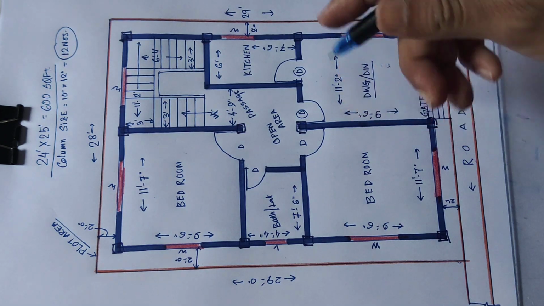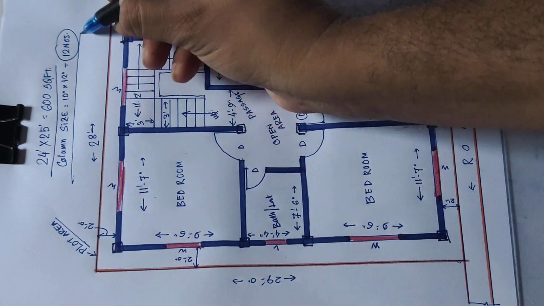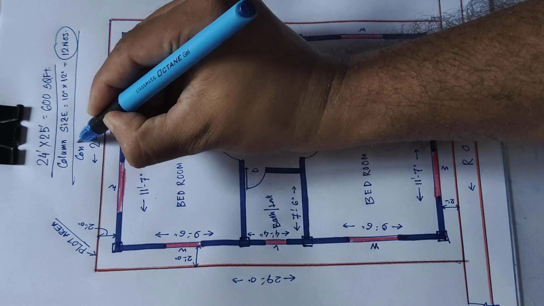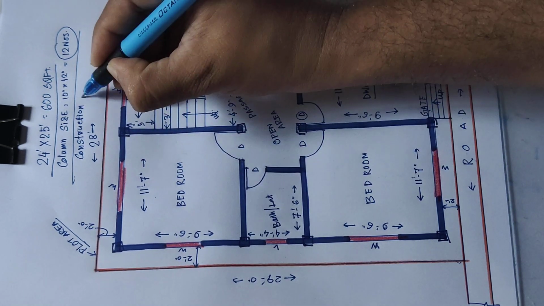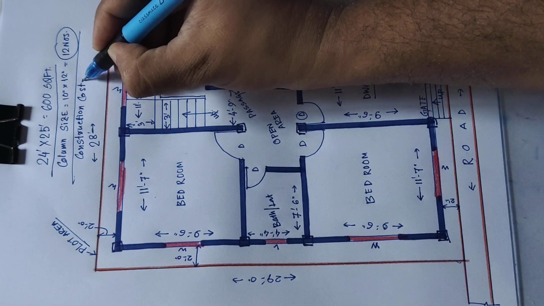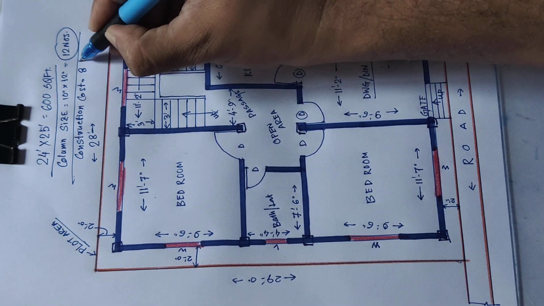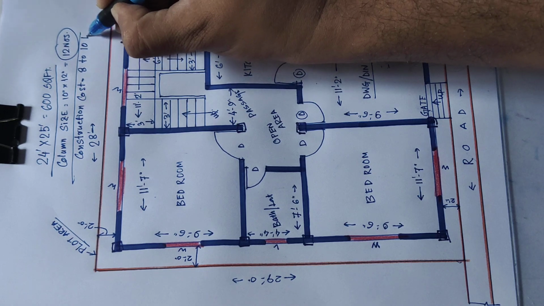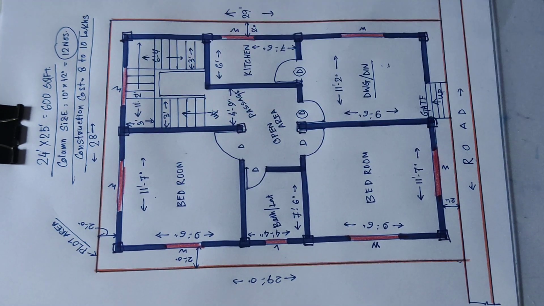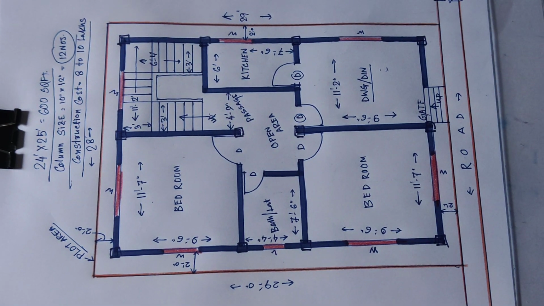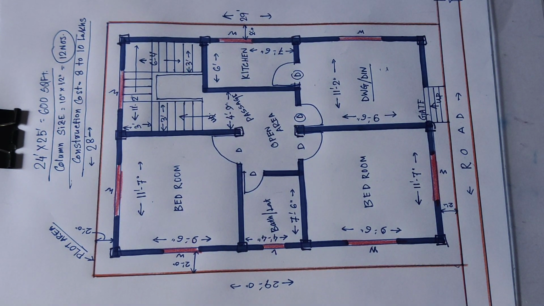Okay, and construction cost 8 to 10 lakhs. Okay, this is 2 BHK house plan, 600 square feet constructed area. Thank you for watching this video.